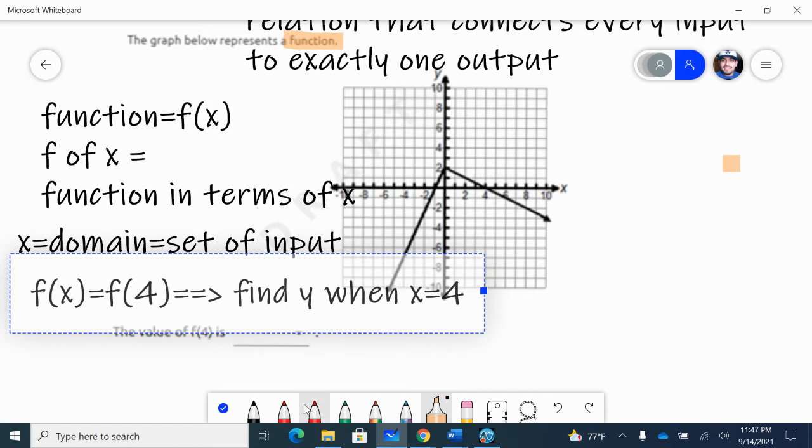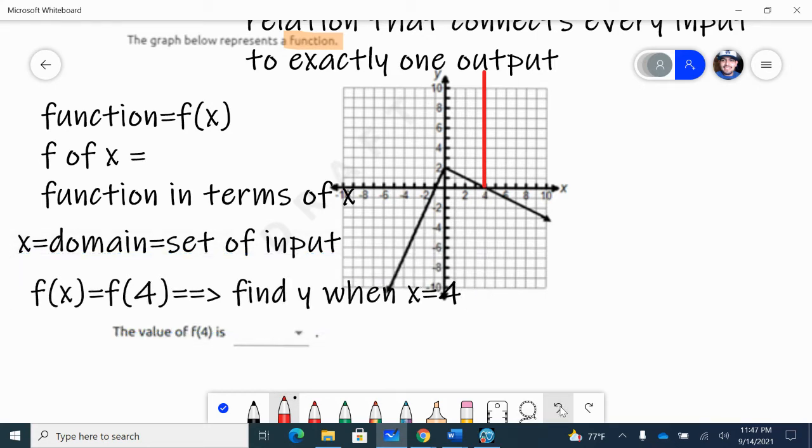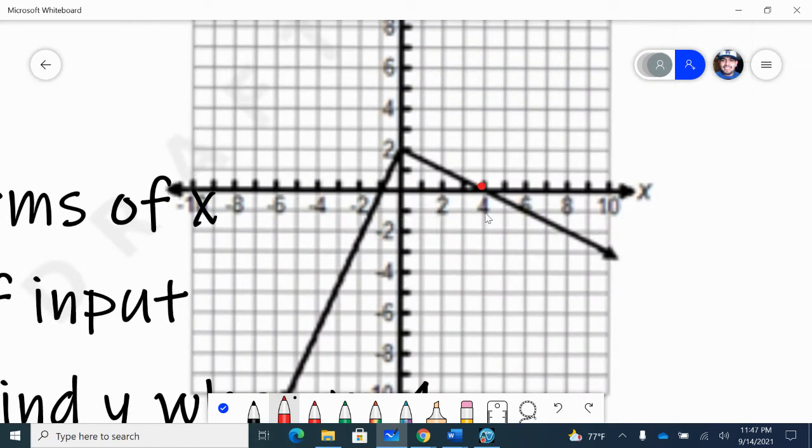Looking at my graph here, let's go look at the value of 4. Notice how this is the line where x equals 4. Again, I apologize, it looks a little bad. But that is the graph when x equals 4. Now, what are we looking for? We're looking for the output.